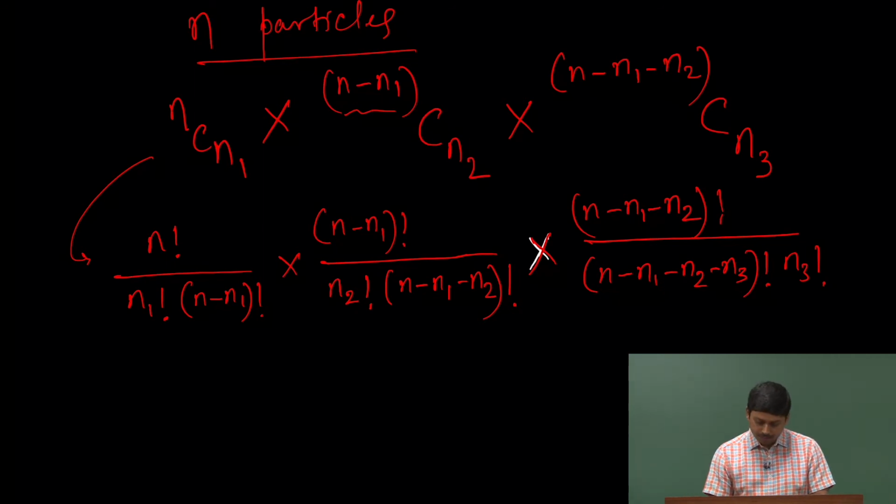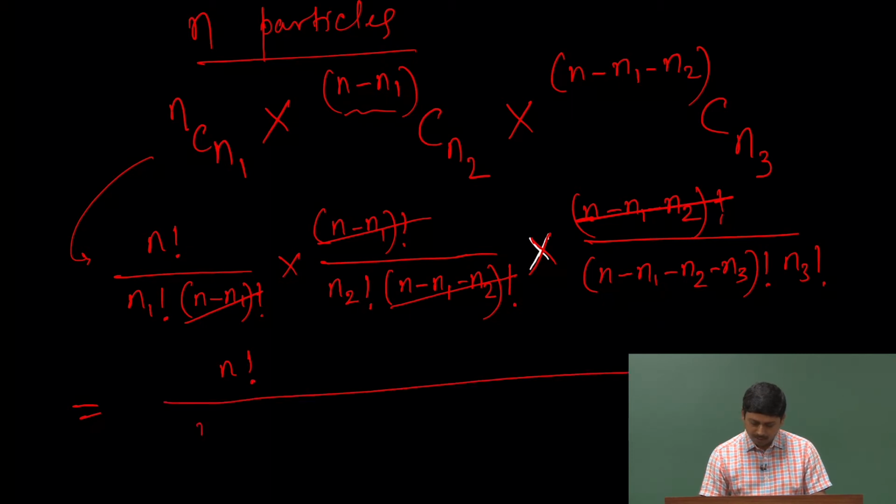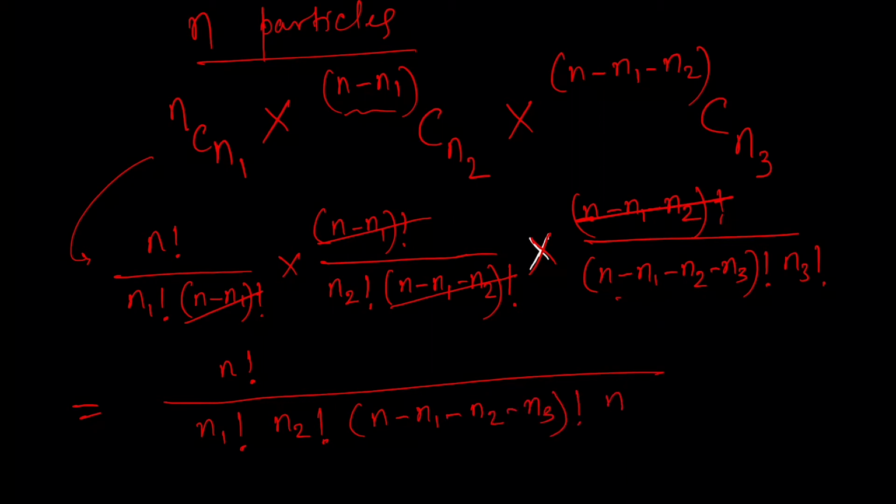So now what is going to happen is that (n minus n1) factorial will cancel, and (n minus n1 minus n2) factorial also will cancel, leaving me with n factorial divided by n1 factorial, n2 factorial, and these two quantities, which are (n minus n1 minus n2 minus n3) factorial and n3 factorial.